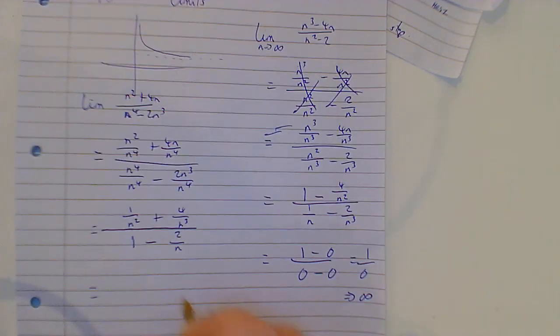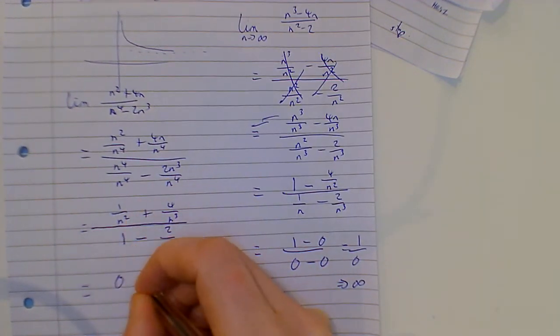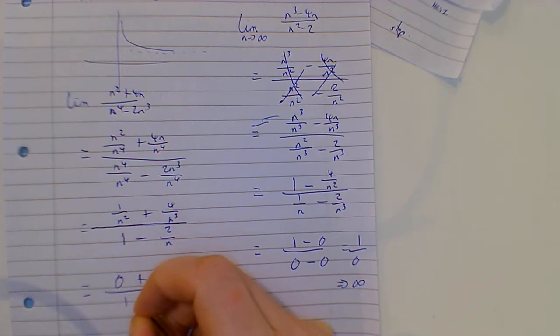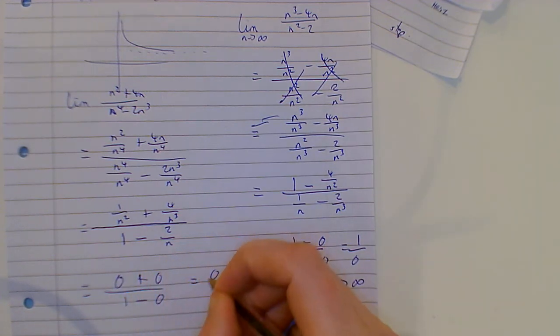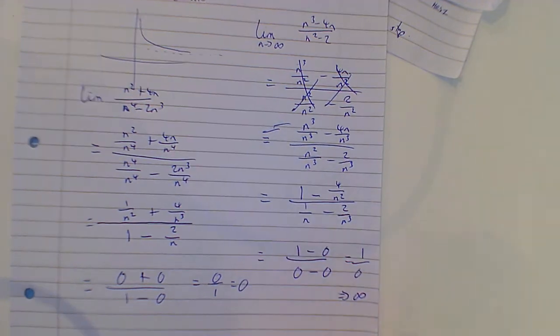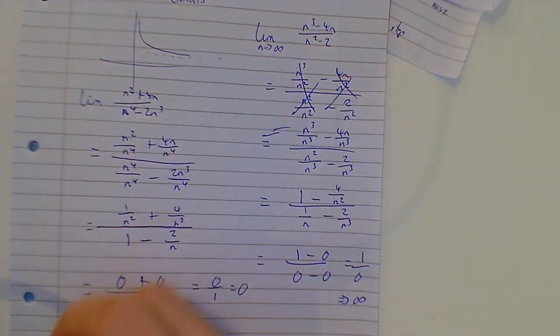Sub it in, that's 0 plus 0 over 1, divided by 0, 0 divided by 1 is 0. Happy days.